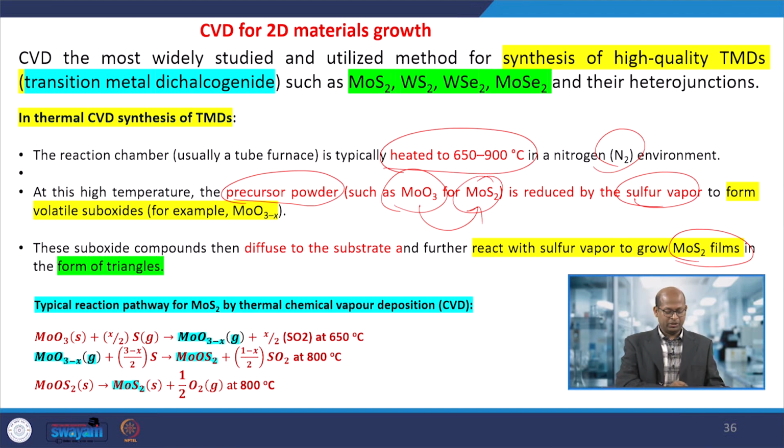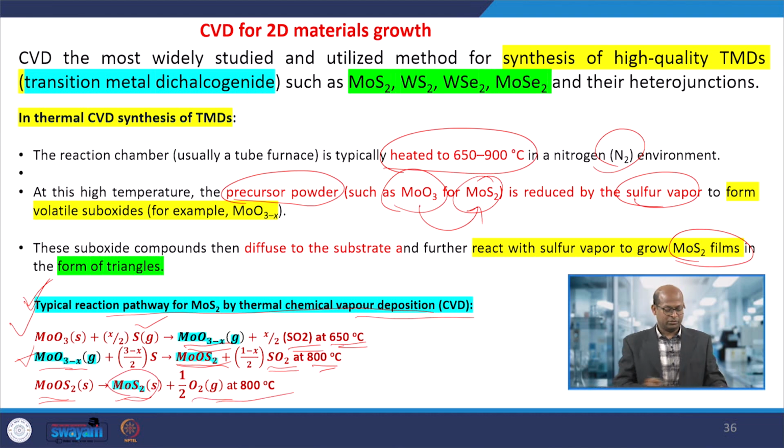So here are the typical reactions that take place during this CVD process for metal sulfide TMD type materials, transition metal dichalcogenide formation. Initially the metal oxide reacts with sulfur at low temperatures, and some amount of oxygen is lost from the metal oxide, then oxysulfide formation occurs with elimination of SO2, and then further reaction forms MoS2 at high temperature.